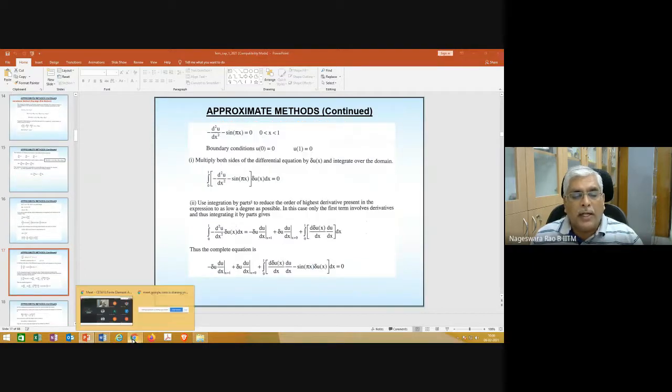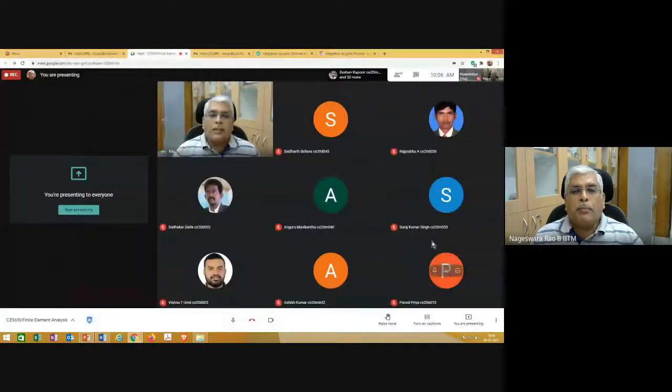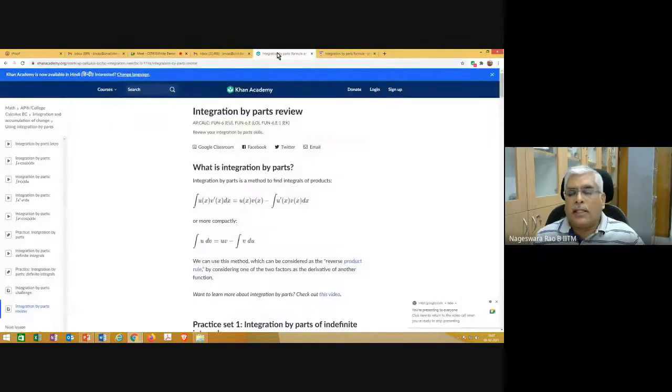Anyway, for completeness, a simple Google search gives you something like this. Integration by parts. What exactly is this integration by parts? And what is the use of it? Please take a note of this relation here. Integration by parts, the first one.